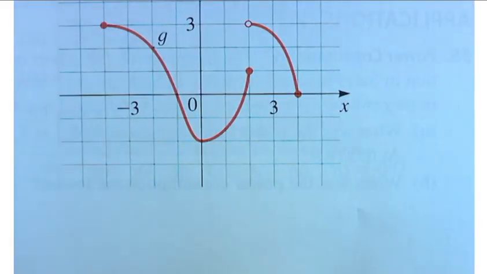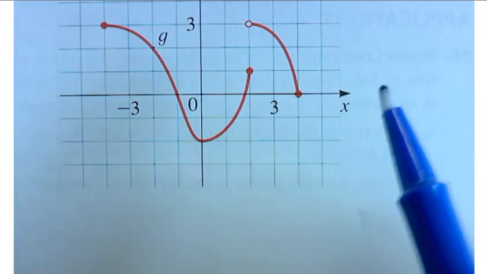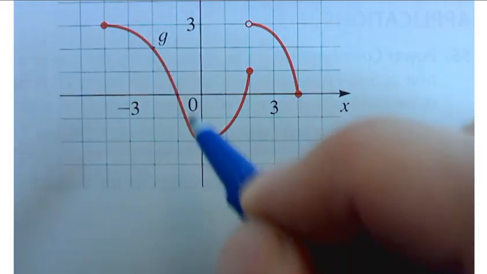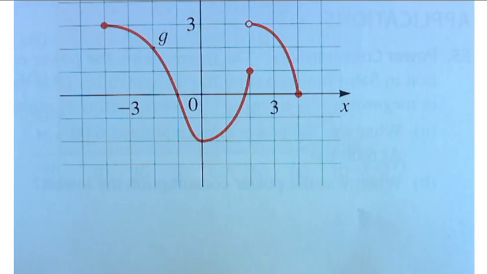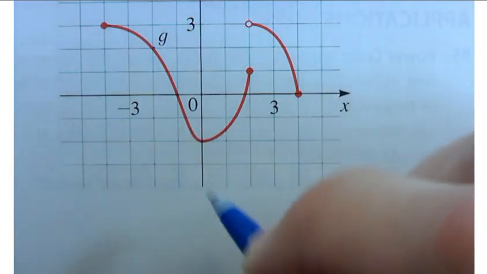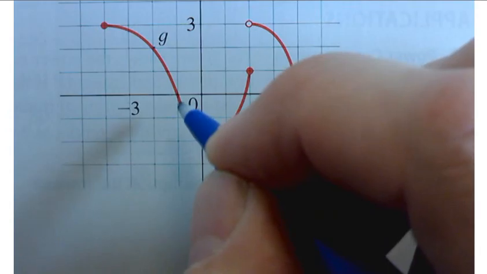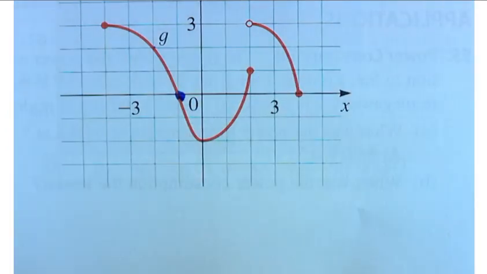Finally, they ask us for the net change in the function between x equals negative 1 and x equals 2. At x equals negative 1, what's the value of the function? The value of the function would be the y-coordinate there. 0. What's the y-coordinate at x equals 2?